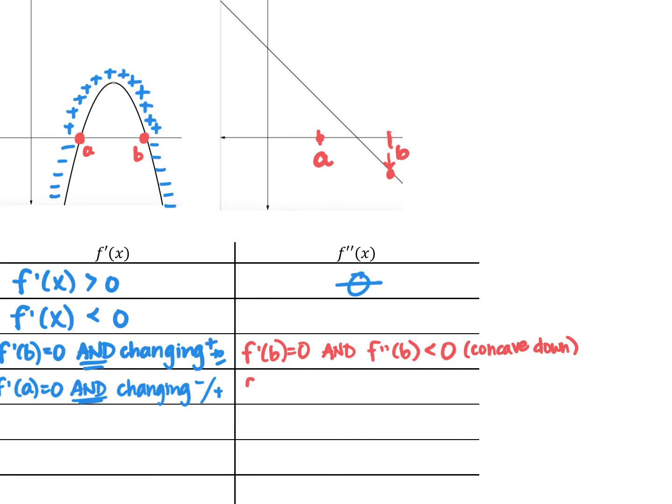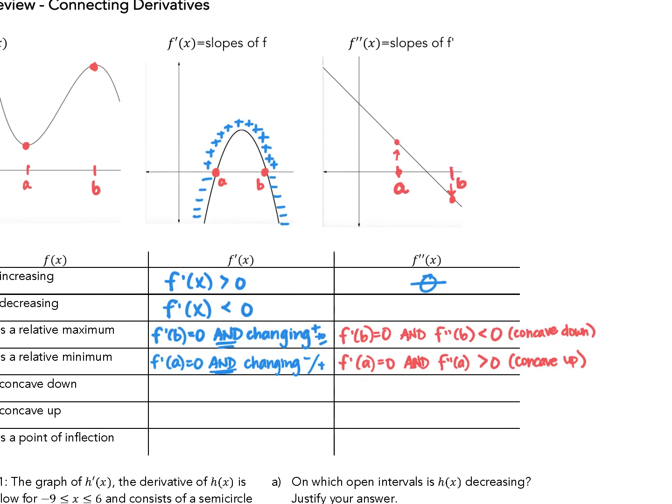And then in a similar way, you could say, well, f prime of a was equal to 0, but also f double prime of a is greater than 0. So sure enough, f double prime at a is greater than 0, which means it's concave up, and that's giving us a minimum. So you could use either of those reasonings to justify.